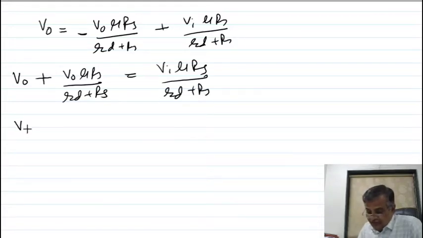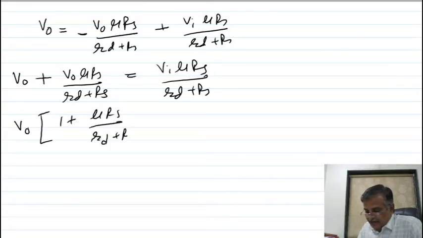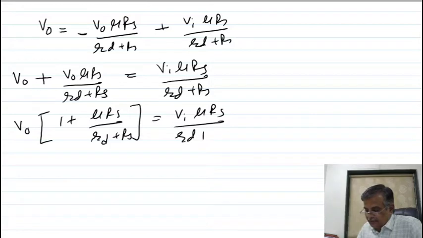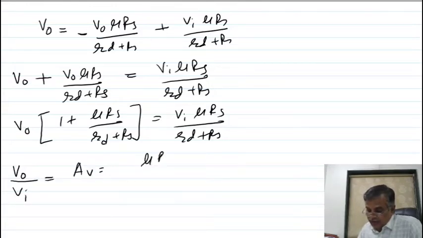Taking this common, 1 plus mu RS upon RD plus RS. This is the input voltage, mu RS upon RD plus RS. So Vo upon Vi, it is called voltage gain, is mu RS upon RD plus RS plus mu RS.